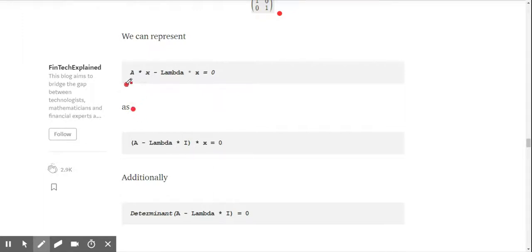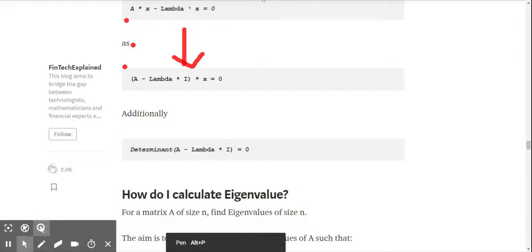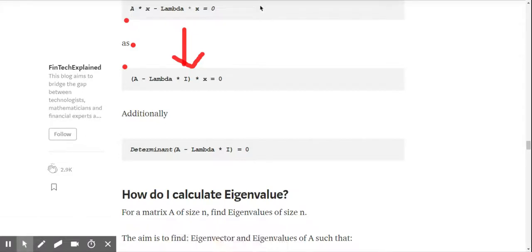So you can then do it this way, and additionally the determinant. What's the determinant of a matrix? Just give me a second, I have it open on another tab. It's a special number that can be calculated from a square matrix. So it's 3 times 6.